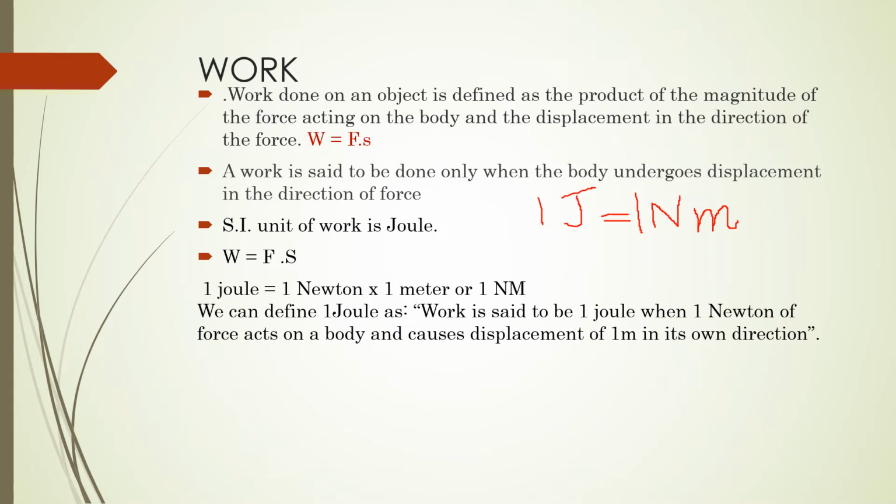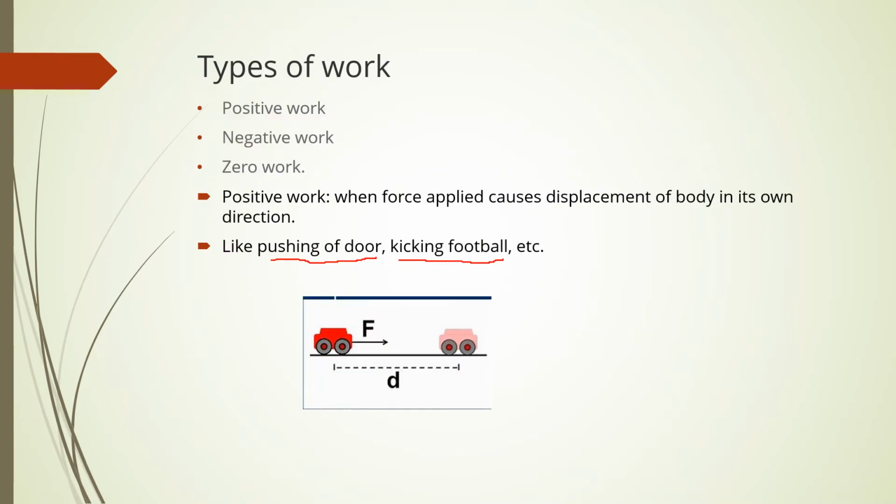Okay, it is very simple. Just remember this formula, then you can write the definition of 1 joule. Work done is 1 joule when 1 Newton of force is applied on any object and the object has a displacement of 1 meter.